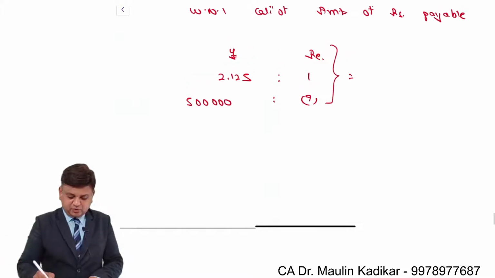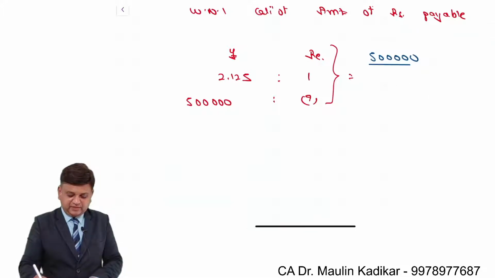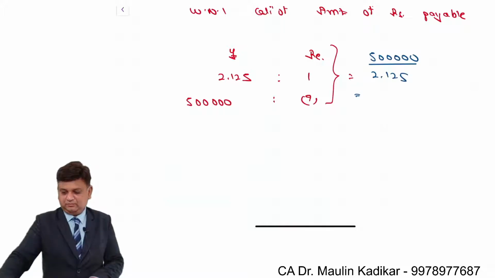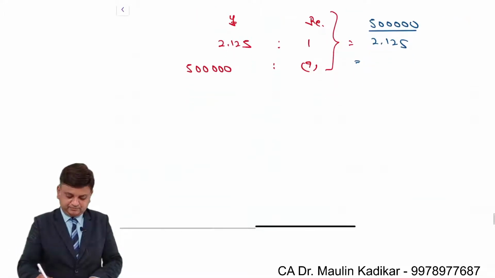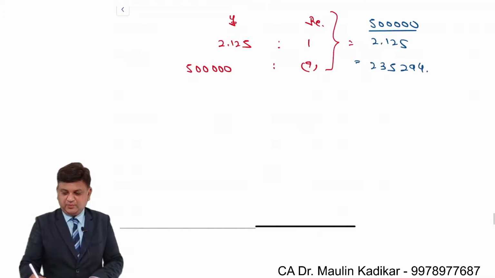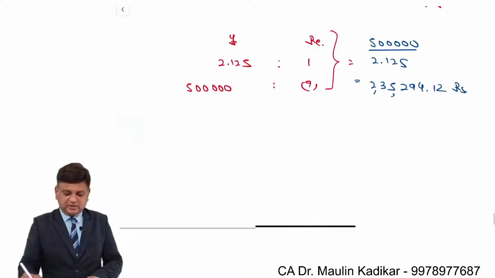The answer is going to be 5 lakhs divided by 2.125. So the final answer is 2,35,294.12. This is the amount of rupees which is required to be sold.